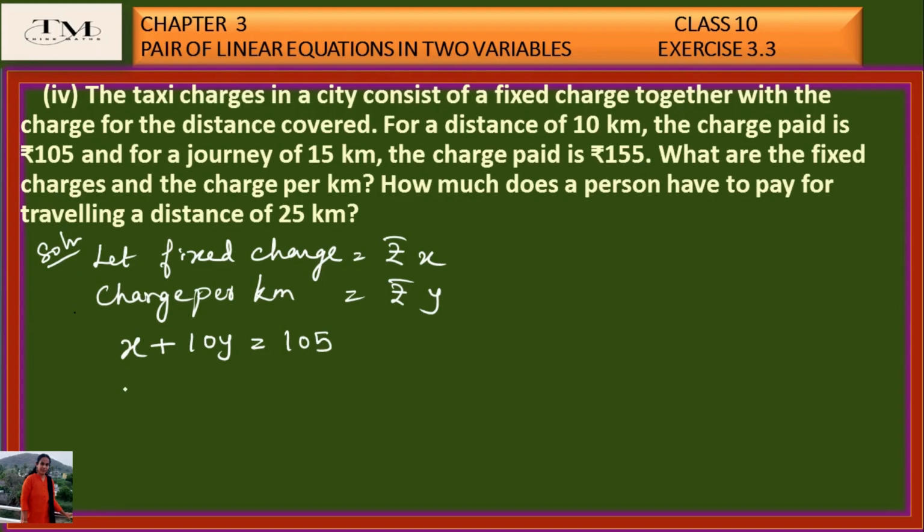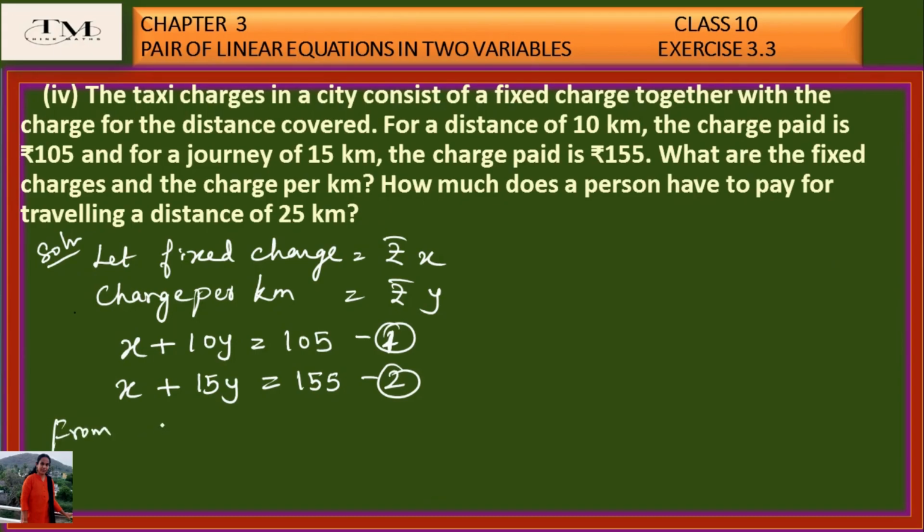So this 155 is nothing but fixed charge plus charge per kilometer. So 1 kilometer it is Y. So for 15 kilometer it is 15Y, which is equal to 155. So these are the two equations. So we have to solve this equation and find the value of X and Y.